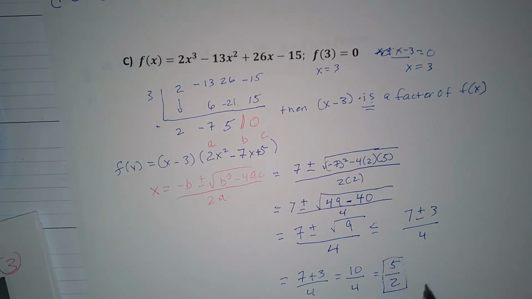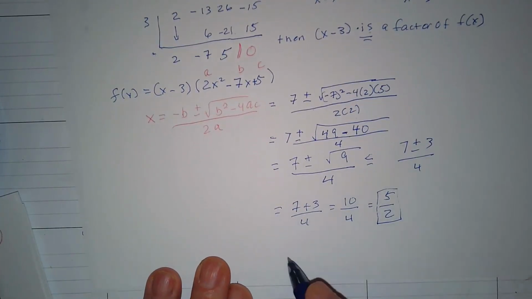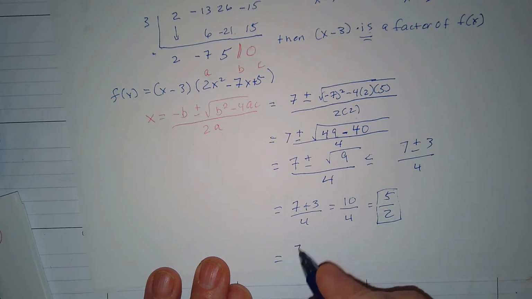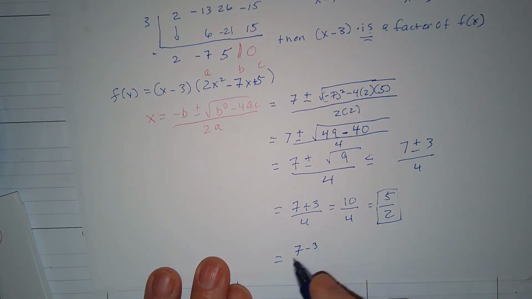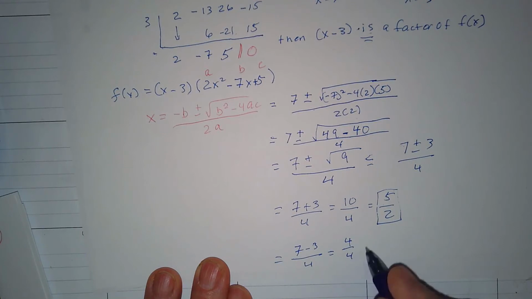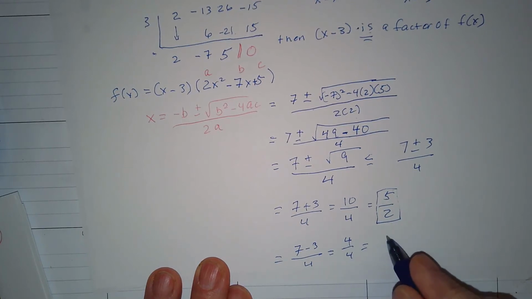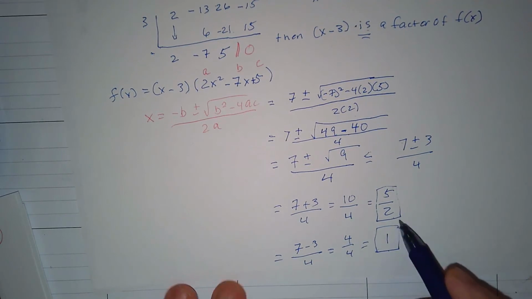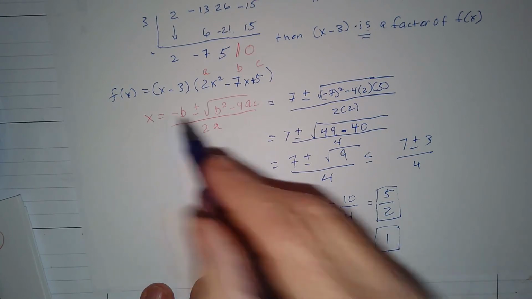And that's a fine solution. And then I have 7 minus 3 divided by 4. 7 minus 3 is 4, divided by 4 equals 1. So now you see you've got 2 solutions here. And then also don't forget that you had an x minus 3.